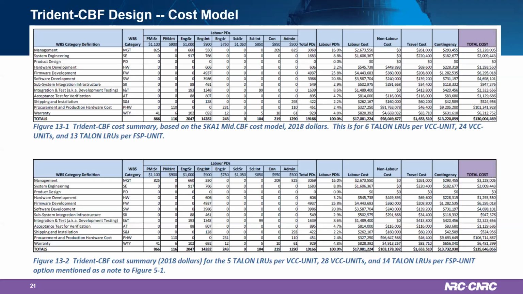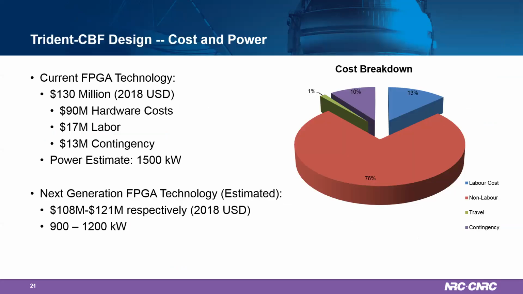This shows 2 possible scenarios that were evaluated and how it was easy to roll up the labor and hardware costs for various scenarios. The bottom line is, using current technology, it would be around 130 million US dollars for a correlator using Talon technology. 90 million of that is hardware costs, so it's heavily dominated by the hardware costs, and then labor, contingency and a bit of travel.